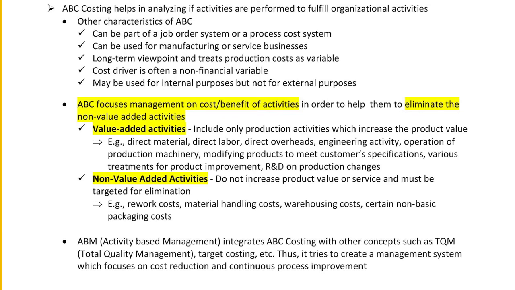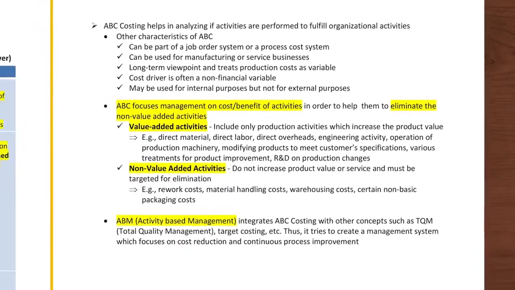On the next subbullet, highlight ABM, that's activity based management. Activity based management integrates ABC with other concepts such as TQM, total quality management, target costing, etc. Therefore, it tries to create a management system which focuses on cost reduction and continuous process improvement.